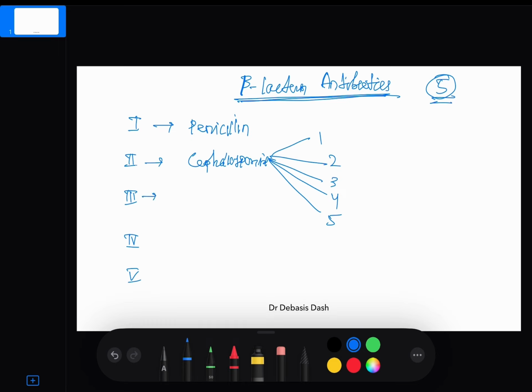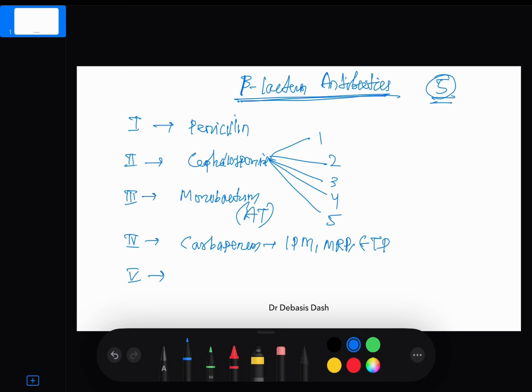Class 3 of the beta lactam includes the monobactam, that is Aztreonam. And class 4 of beta lactam includes the carbapenem group, that is imipenem, meropenem and ertapenem.